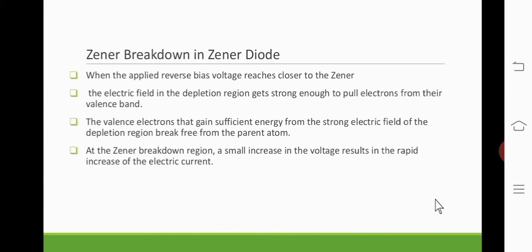It means that when the depletion layer is lightly doped, we get the avalanche breakdown. Opposite to this, when the depletion layer is heavily doped, it is a narrow depletion layer, and then we get the zener breakdown.